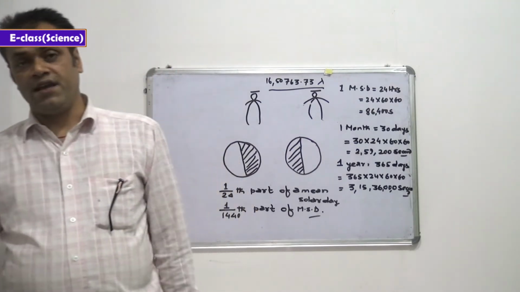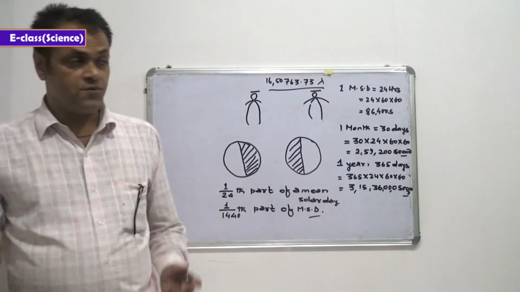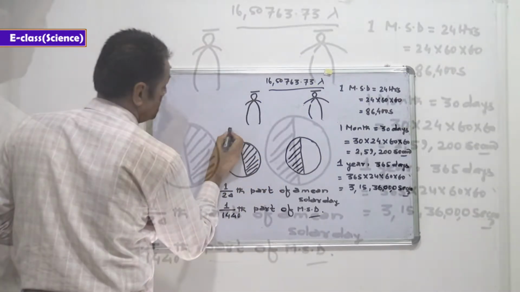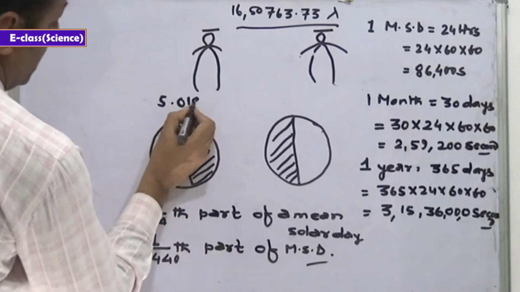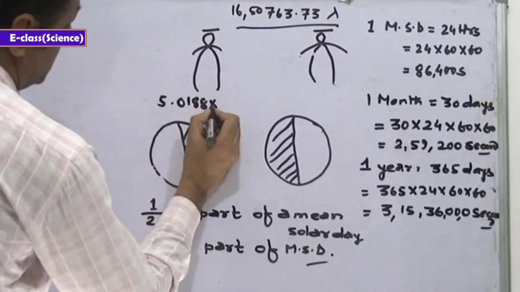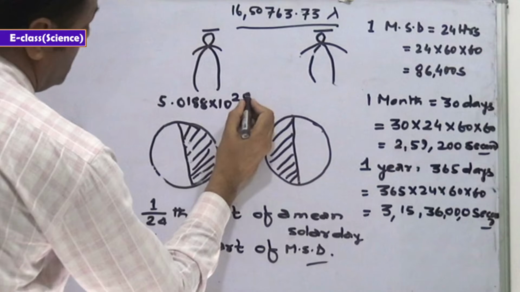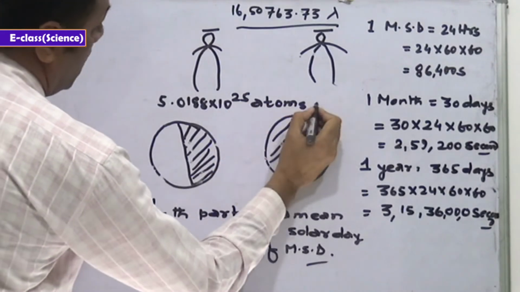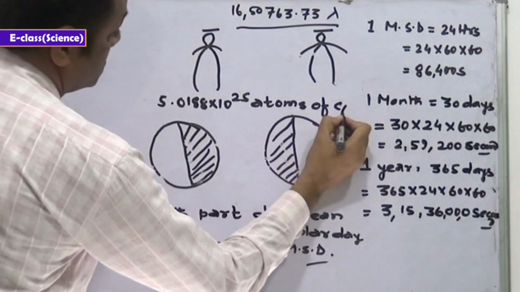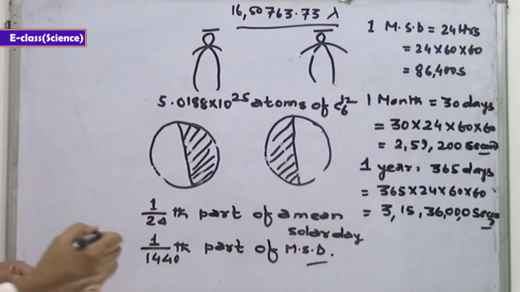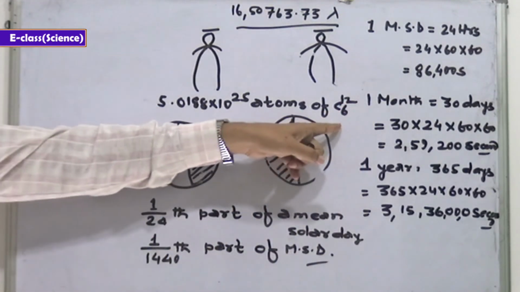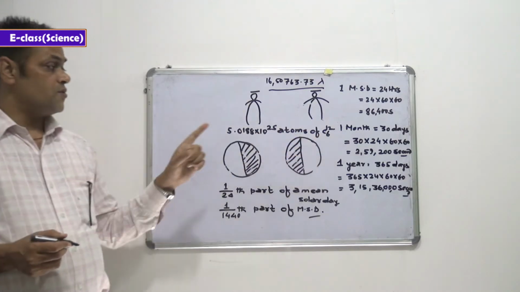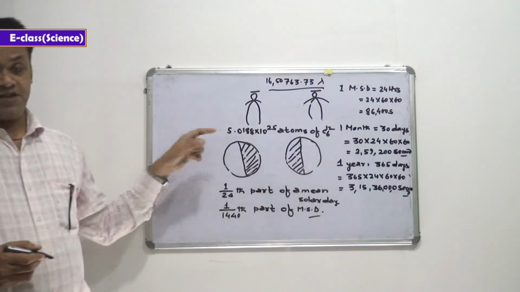On the atomic scale, it is equivalent to 5.0188 into 10 to the power 25 atoms of carbon-12. Carbon-12 is an isotope of carbon, so that is equivalent to 1 kg.